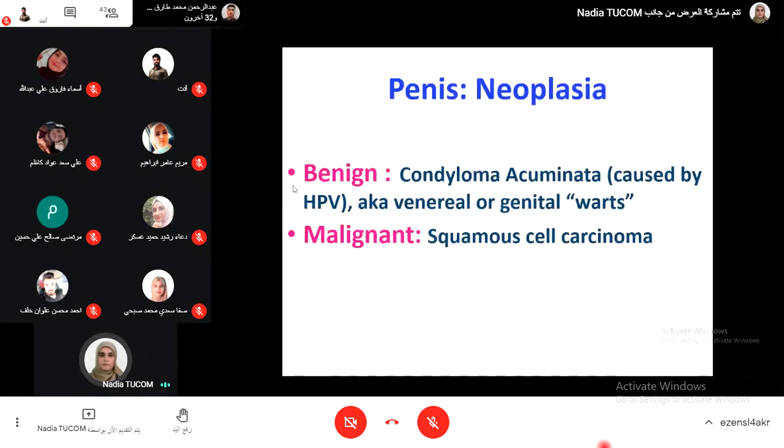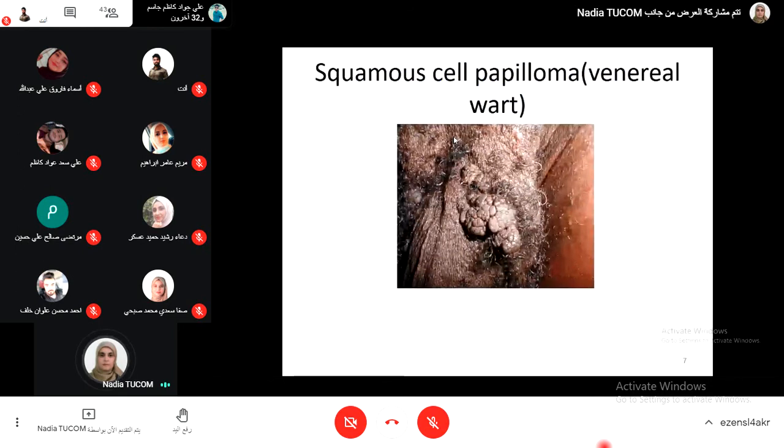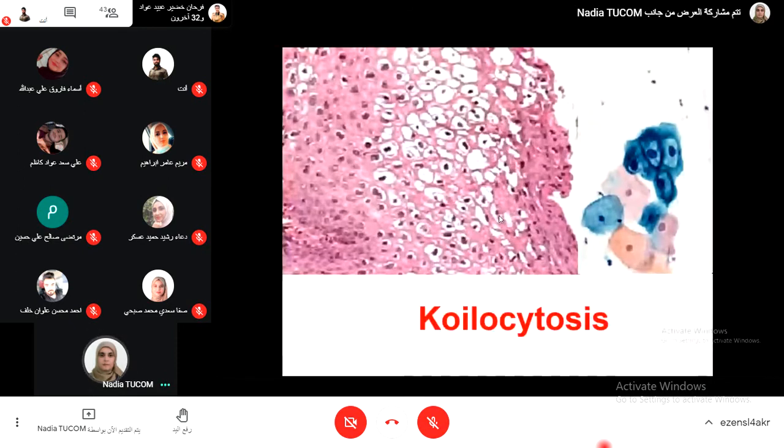Whereas the malignant counterpart is squamous cell carcinoma. A regular polypoidal lesion in the genital area is also called genital wart or venereal wart. That is the condyloma acuminatum or squamous cell papilloma.